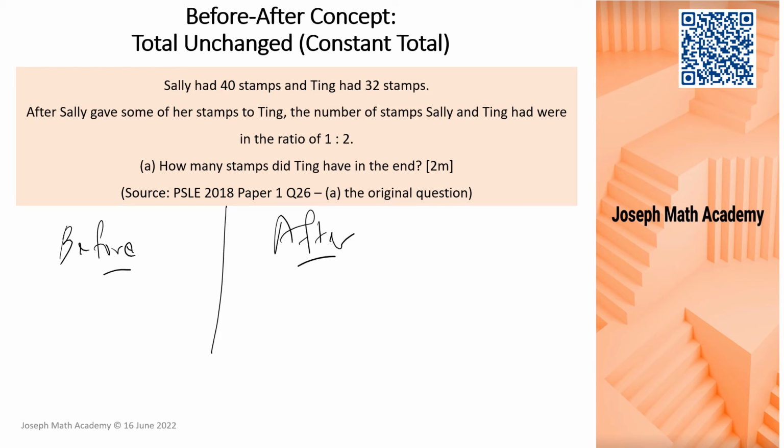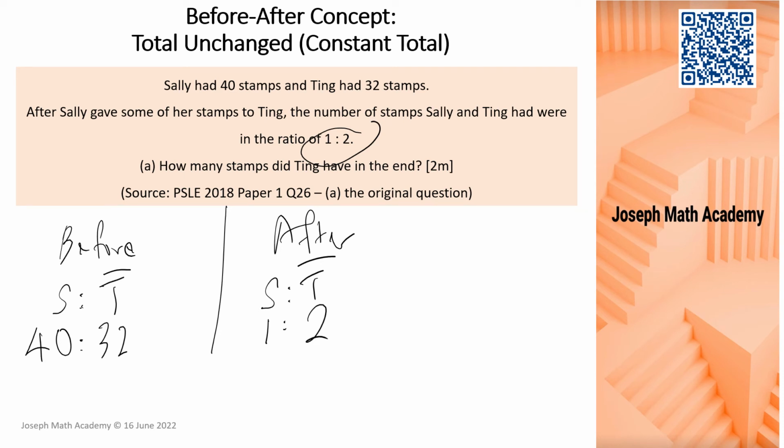All right, so ratio Sally to Ting. Sally had 40 at first. Ting had 32 at first. The ratio after is this one. Sally had 1 unit. Ting had 2 units.